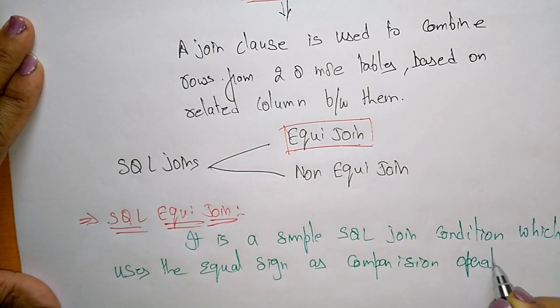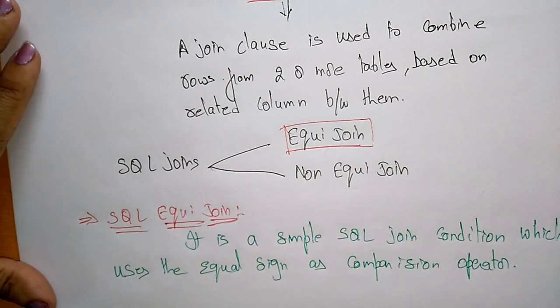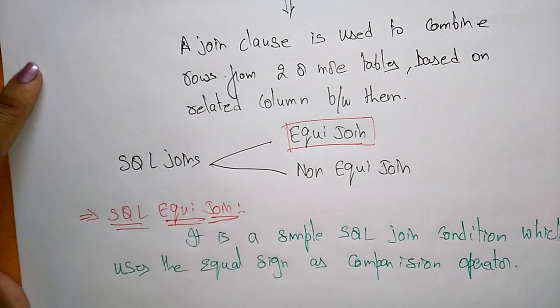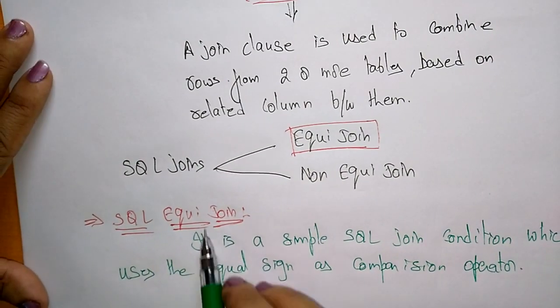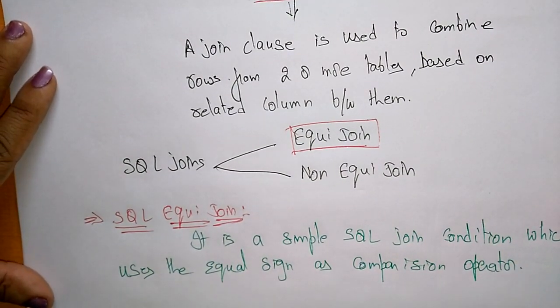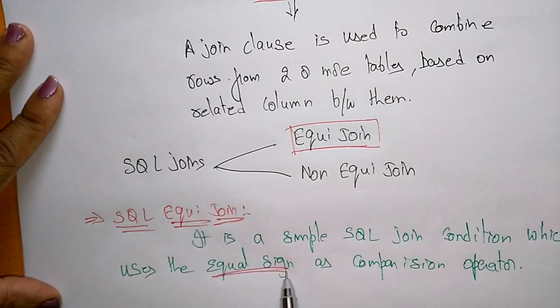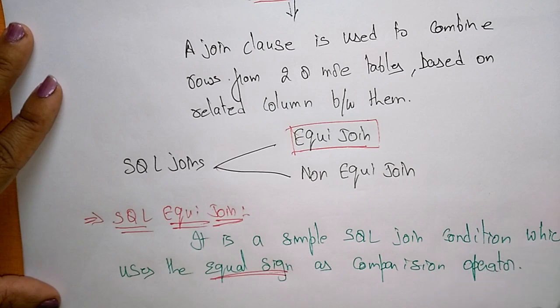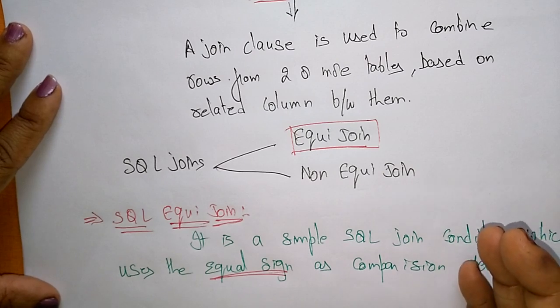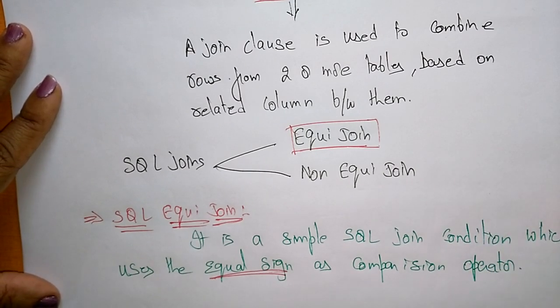When you use the SQL query, you call the rows in different tables. So this equi-join, by using the equal sign comparison operator, selects the equal rows that are present in two or more tables.